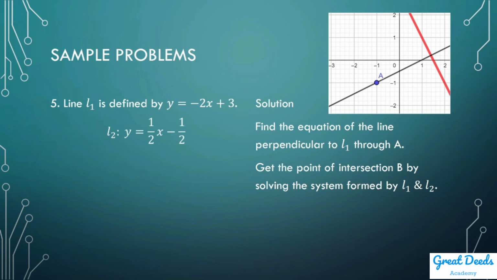For L1, y is equal to negative 2x plus 3, and for L2, y is equal to 1/2 x minus 1/2. By substitution, this is equal to this. How do you simplify this?